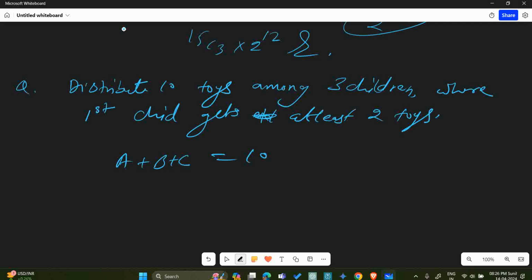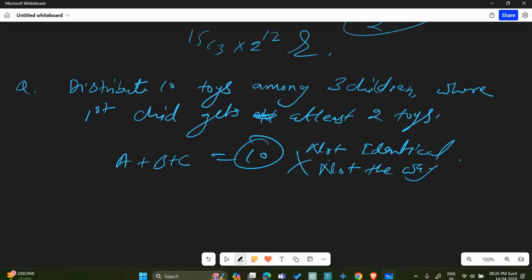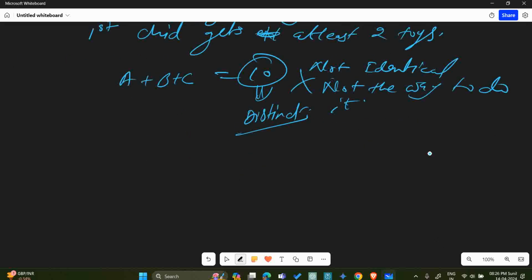But the toys are not identical, they are distinct in themselves, so this is not the way to do it. So how can we do this? Let's say toy 1, toy 2, toy 3, toy 4, up to toy 10, 10 toys.